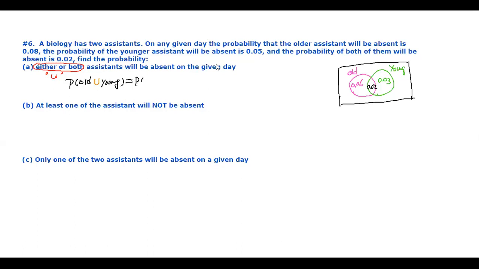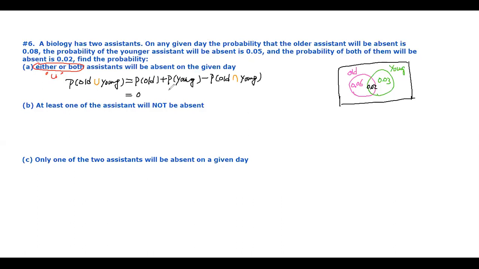That means the probability of the older being absent plus the probability of the younger being absent, then minus the probability of the older and the younger, the intersection.